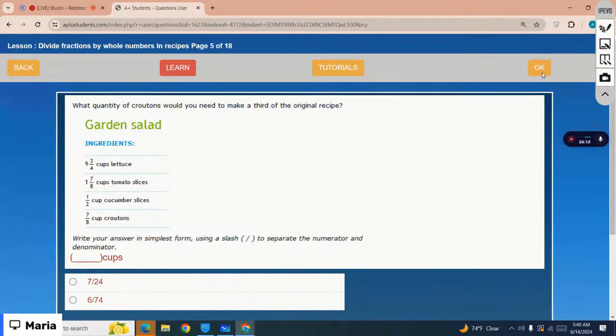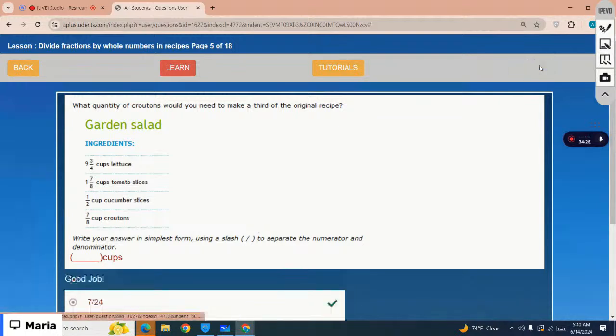The correct option is 7 over 24, right? Very good.